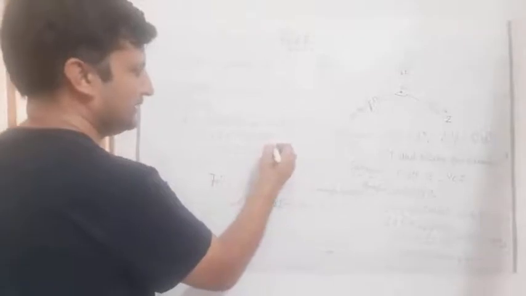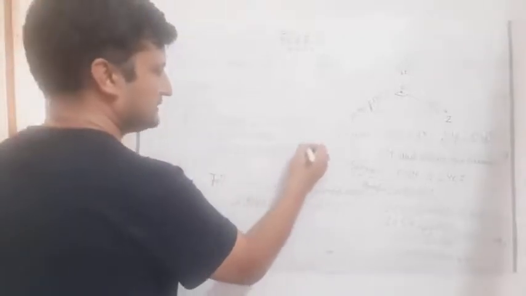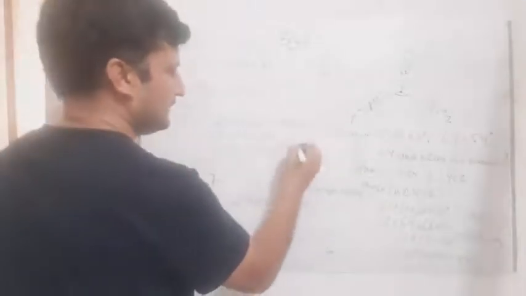Now, angle YOZ plus 27 plus 32, that is 59, is equal to 180 degrees. So angle YOZ is equal to 180 minus 59, that is 10 minus 9 is 1, 17 minus 5 is 12.